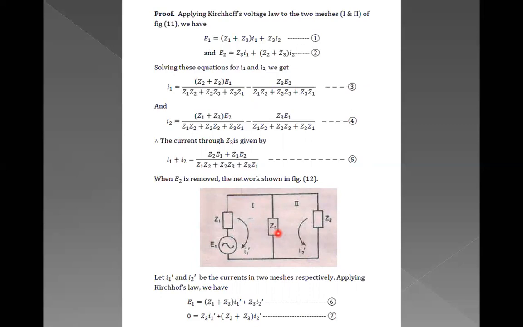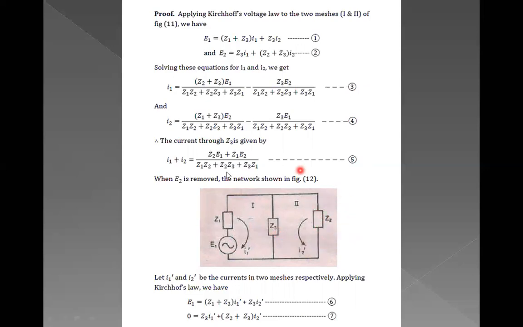Reactance is the opposition produced by components like a capacitance or an inductance. The opposition produced by a capacitor is called capacitive reactance, and that produced by an inductance is called inductive reactance. So the reactance plus the resistance is the total opposition, called the impedance in the circuit. Now we have removed E2 and considered its internal impedance as Z2.